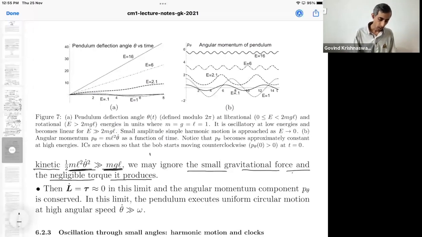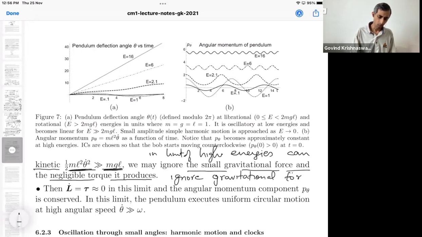So in the limit of high energies, we can ignore the gravitational torque. Okay, are you comfortable with this argument? Any question about that? High energies?